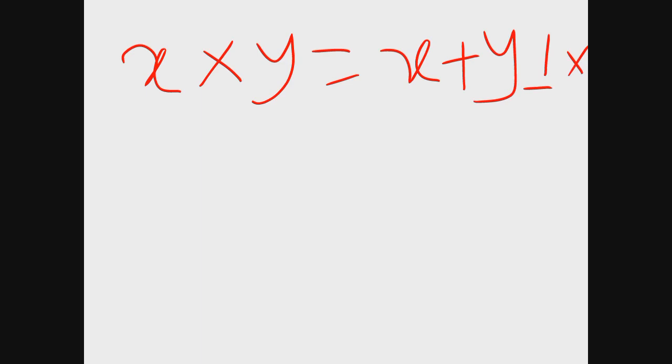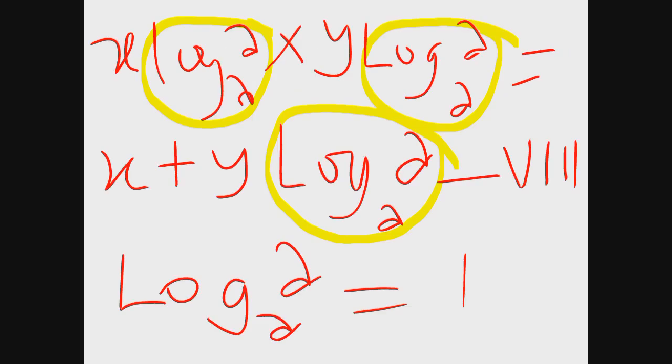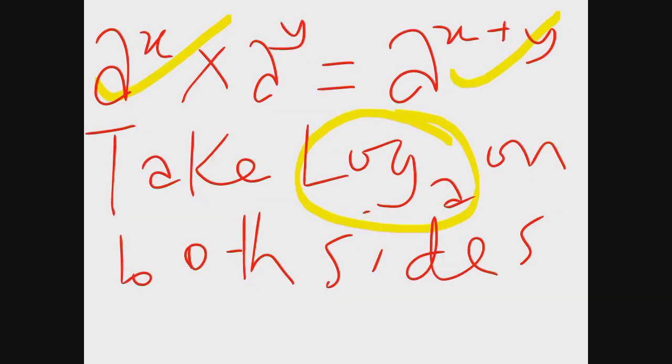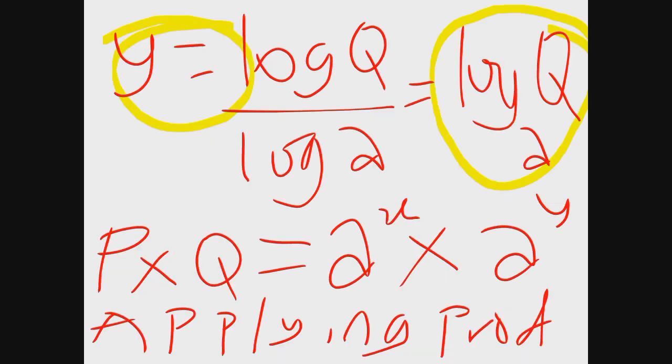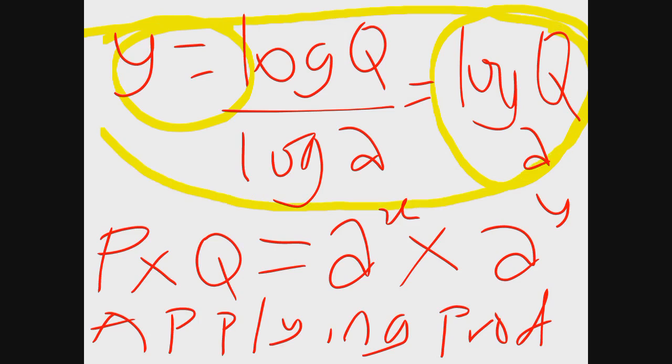Now, we are almost there. What we need to do now is recall the values of x and y that we derived earlier in one of the slides. Let's flip back to that. Here it is. We have derived x to be equal to log p base a, and we have derived y to be equal to log q base a.